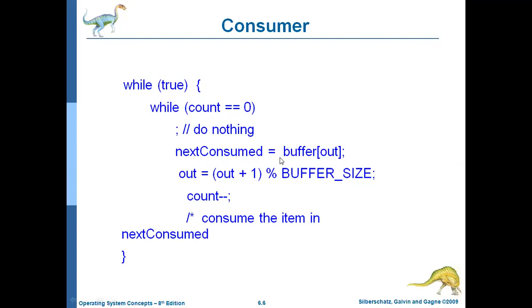Next consumed equal to buffer of out, which means buffer of 0. So we take one item from the buffer, and then out equal to out plus 1. So 0 plus 1 modulo 5, 1 modulo 5 means 1. So out value is 1. And then count minus minus means 4.